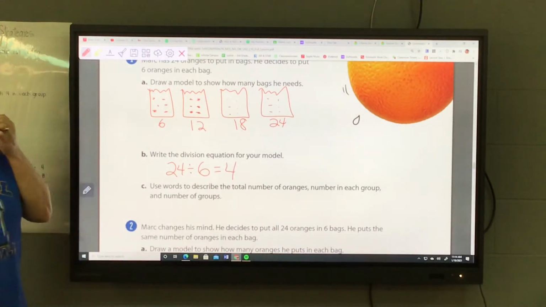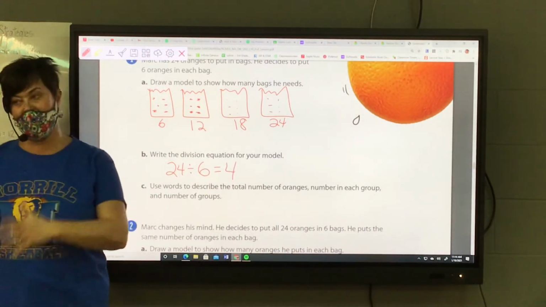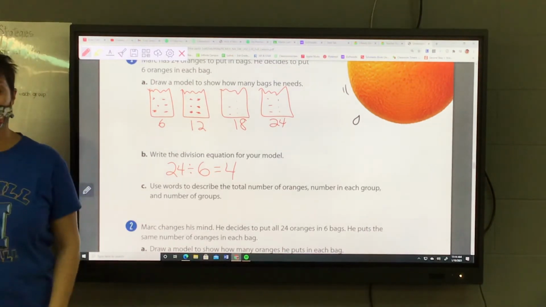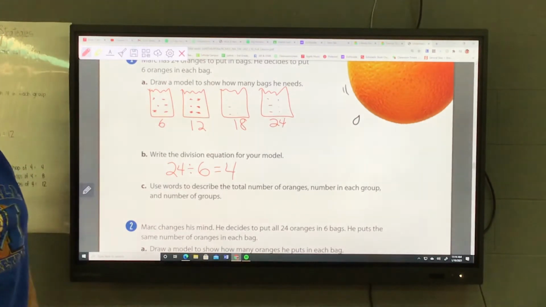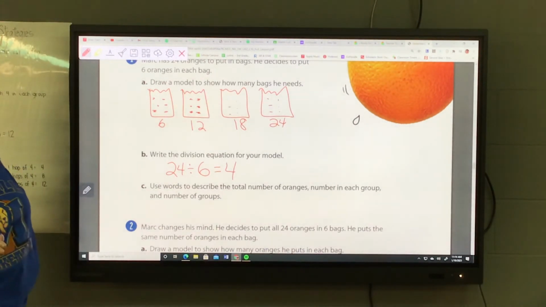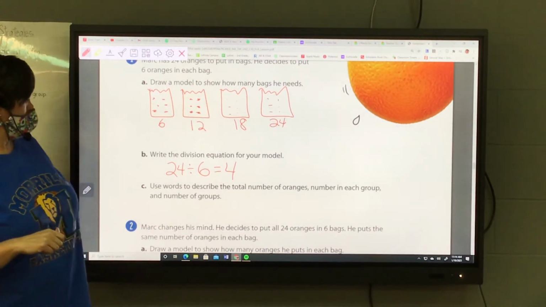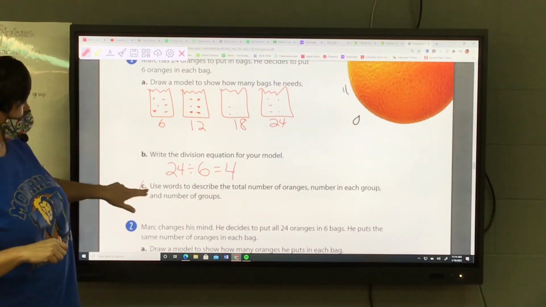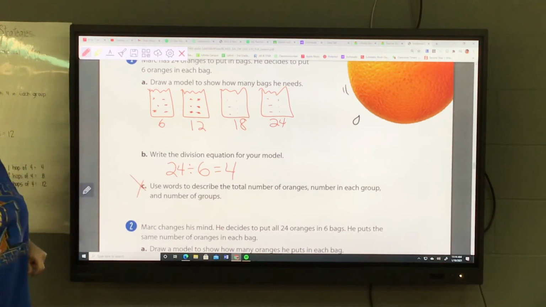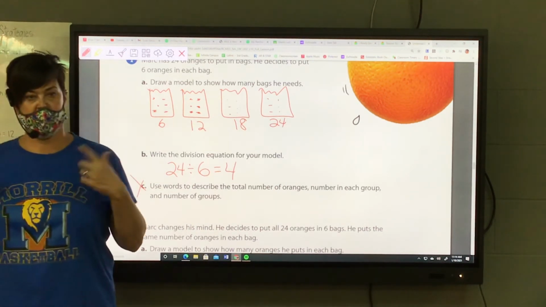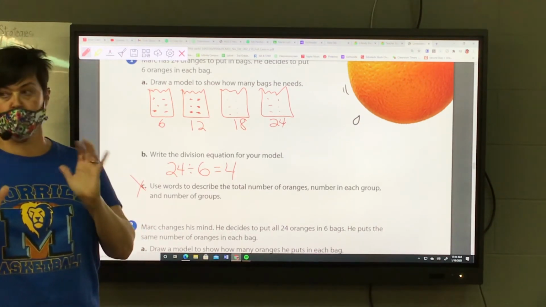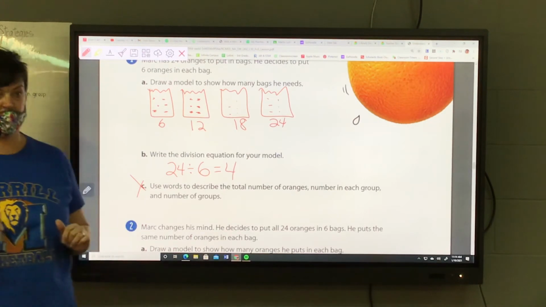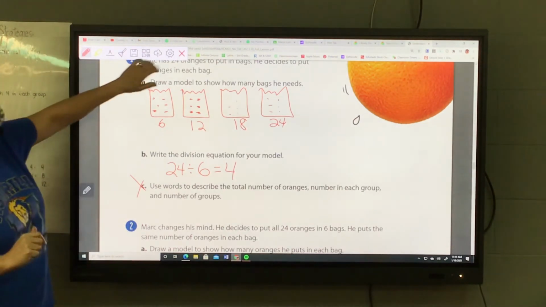And that is true because 4 times 6 does in fact equal 24. Right now we're not going to do C. We're just going to get in the hang of making and showing those equal groups and those equations for the time being, okay?